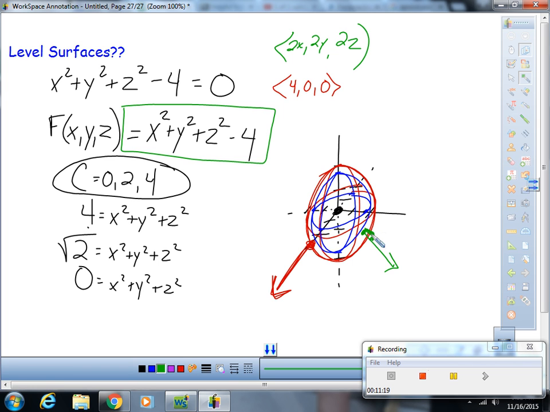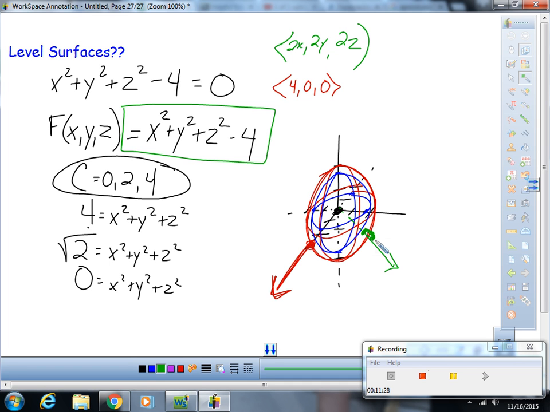Anywhere we take this gradient, that vector is going to be orthogonal to the surface at that point. Okay? And another way you can think of that, only because it's a sphere, is that it would be pointing towards the center, actually away from the center of the sphere. That's what would make it orthogonal to the sphere.